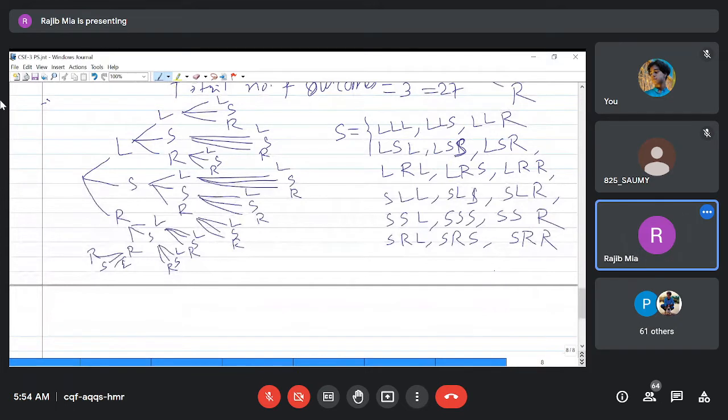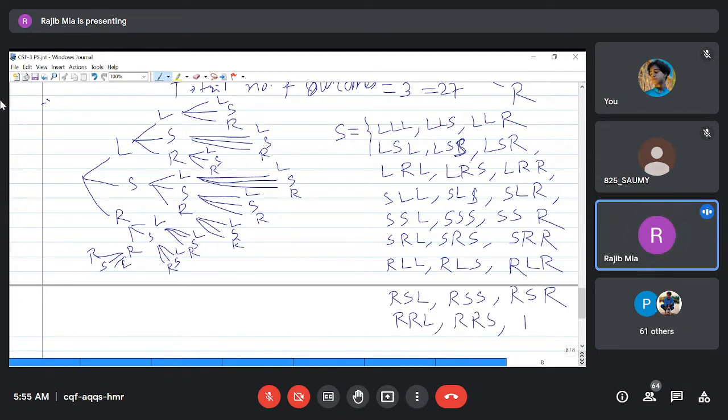And then for R again: RLL, RLS, RLR, and RSL, RSS, RSR, and then RRL, RRS, and RRR. So these are the 27 outcomes.